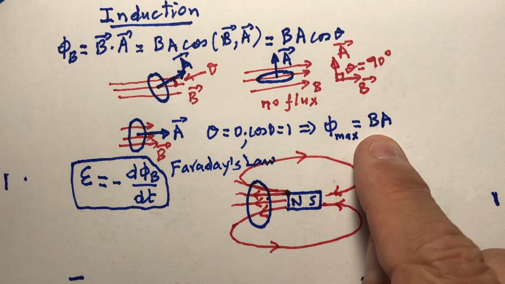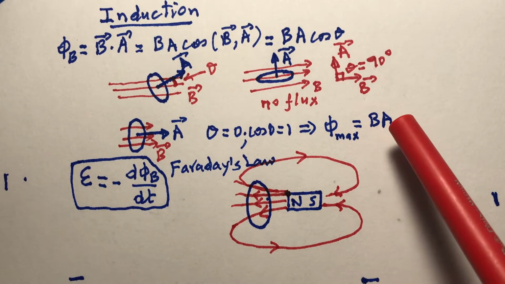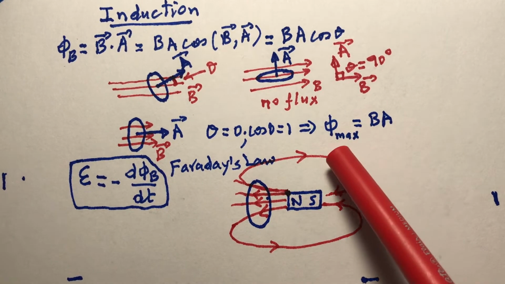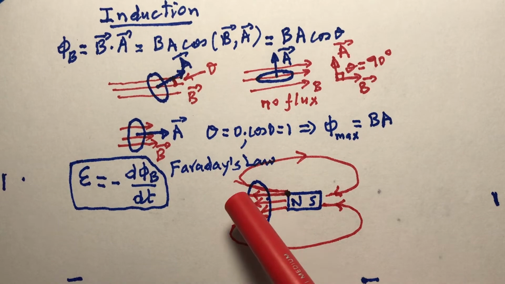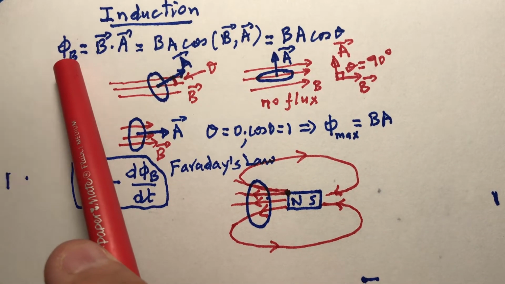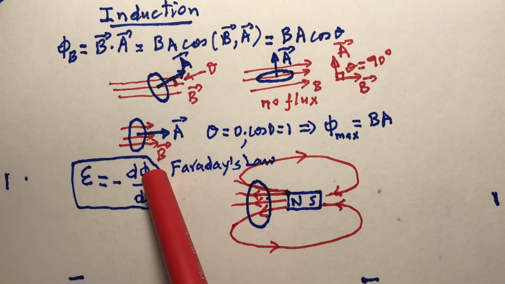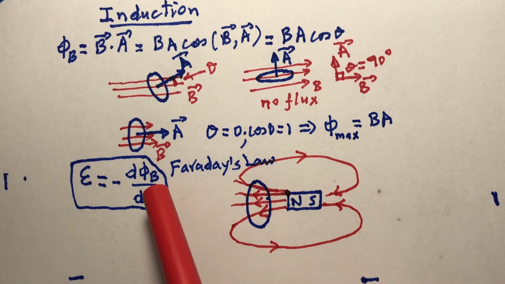If you look at flux equal to BA, the area is fixed, but the B field that you bring in is changing. So if the B field is changing, it means you have a change in flux, this phi B is changing with respect to time.